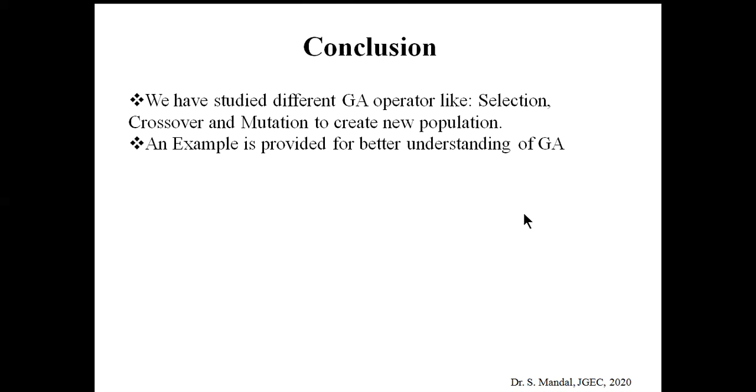After that, we explained an example, the maximization of fx equal to x square, and GA has been applied to this particular problem. I hope this example will help you understand the operation of GA with more clarity.